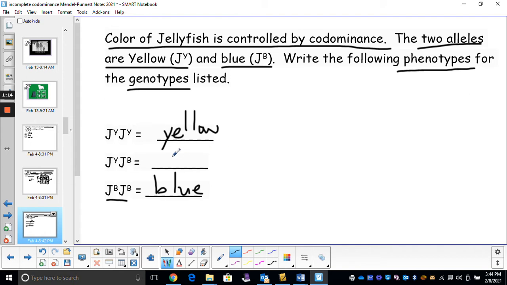However, in codominance, if I have one yellow JY and one blue JB, codominance, co-show, they both show up, that would be a striped jellyfish. Both blue and yellow stripes, or sometimes it could be a spotted organism, but both traits show up. It'd be blue and yellow stripes, or blue and yellow spots.